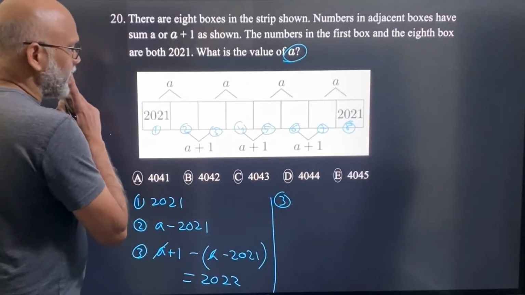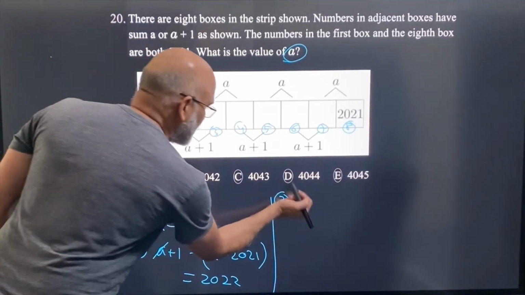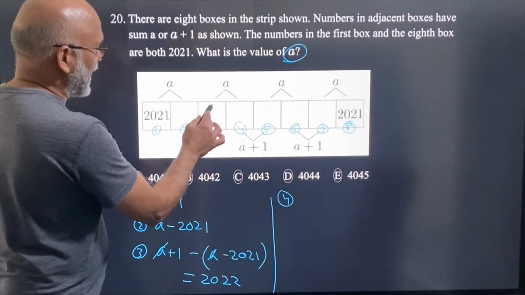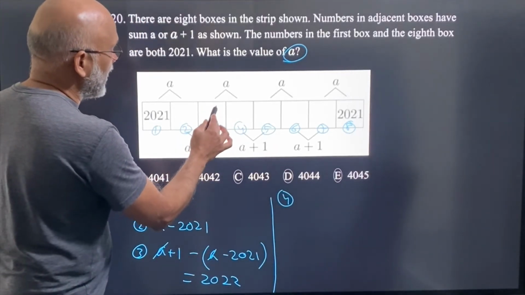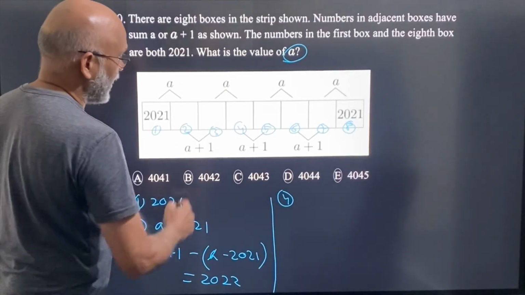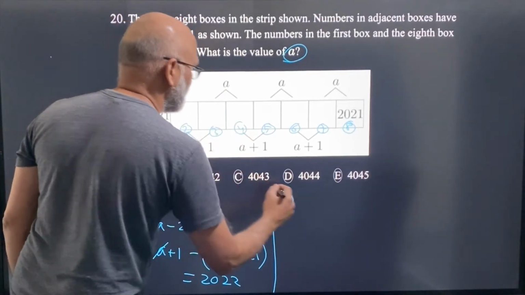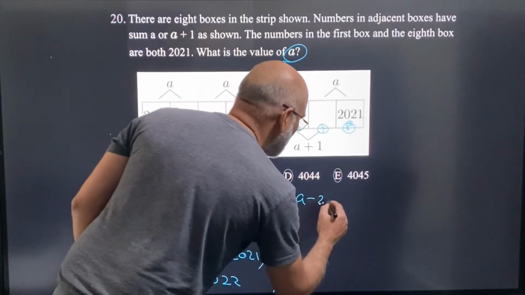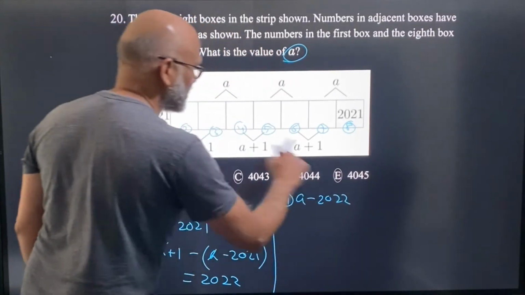3 is already done, so 4. I can take it from here. 3 plus 4 is A, so 4 is basically A minus 3, and 3 is 2022, so there is A minus 2022.